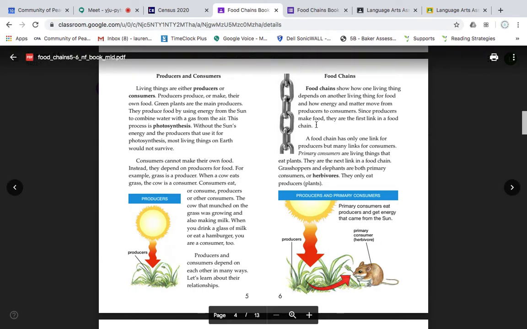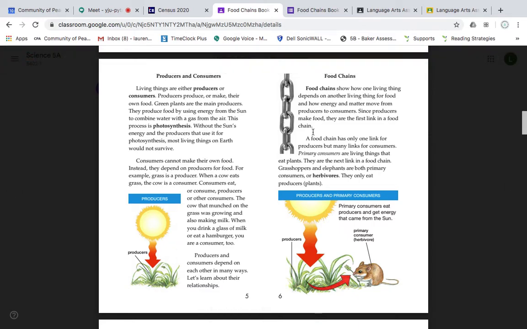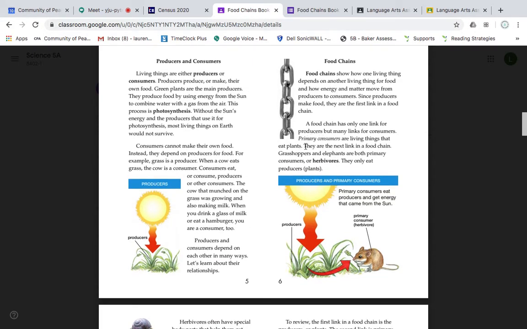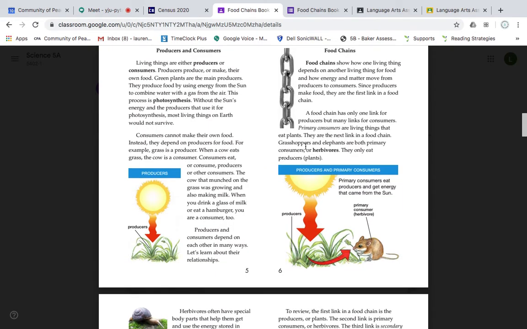Since producers make food, they are the first link in a food chain. So producers will always come first. A food chain has only one link for producers, but many links for consumers. Primary consumers are living things that eat plants.